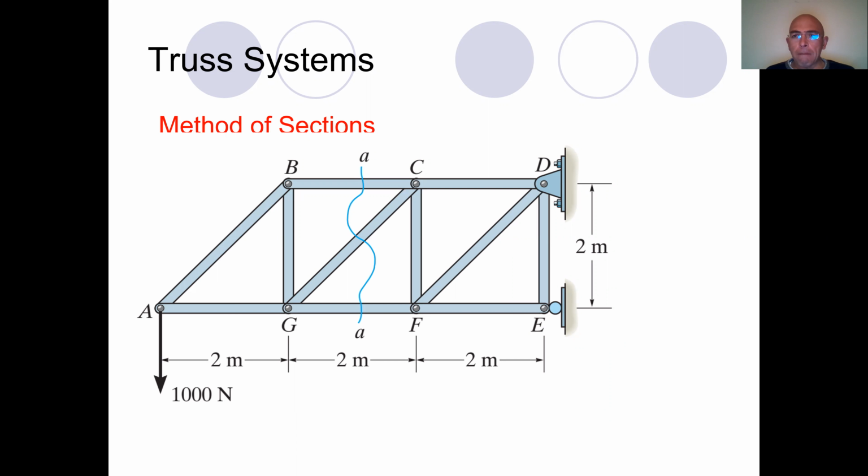Generally, we have many members, truss elements. And in fact, we sometimes need to know the forces acting on particular members. We know that the structure is in static equilibrium. So again, the first step is always finding the support reactions. So we find the support reaction at point E, and we find the support reaction at point D, for example, for this problem.